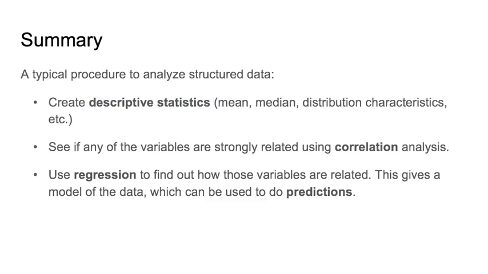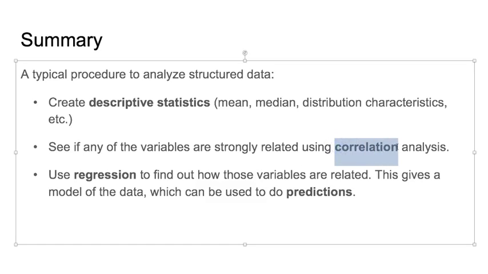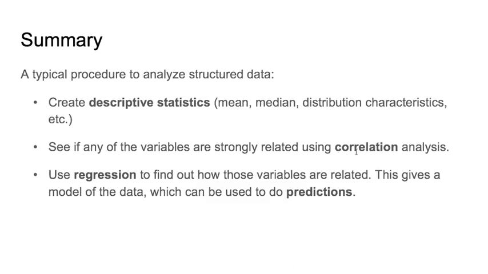That's simply to describe what this data is, and it often helps us plan our path for the analysis. One of the things we often do next is see how different variables are connected, and that's done using correlation analysis. If we find correlation, then we can do a number of things. One of the common things to do is regression, through which we find the real relationship between those variables.